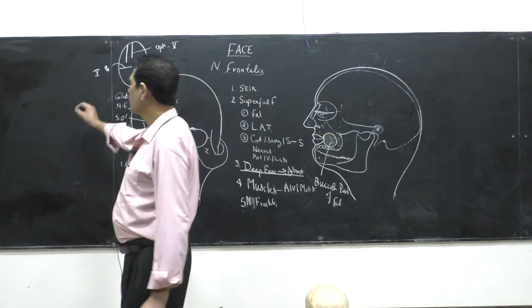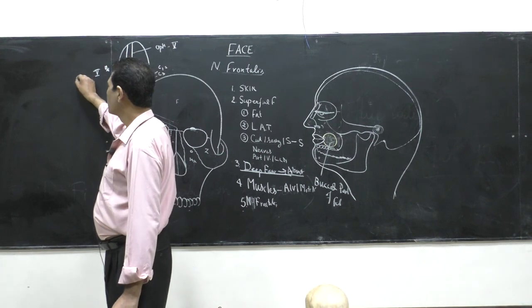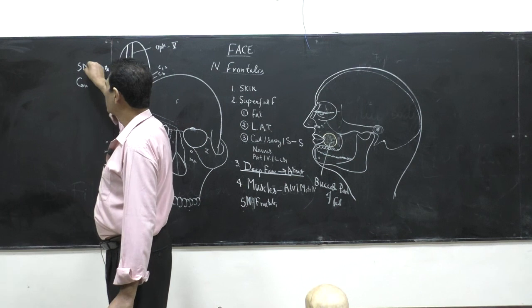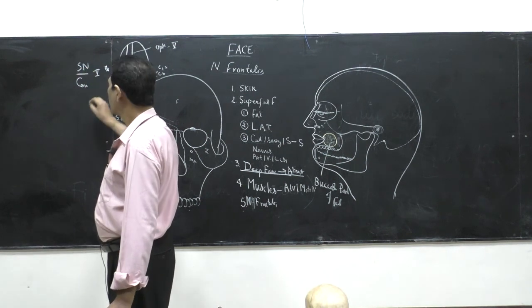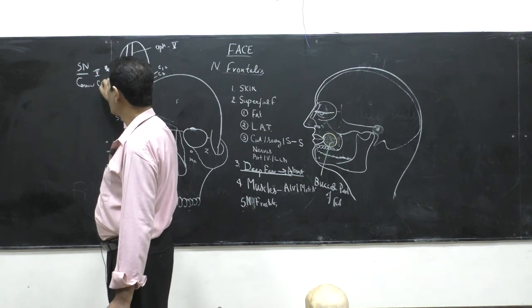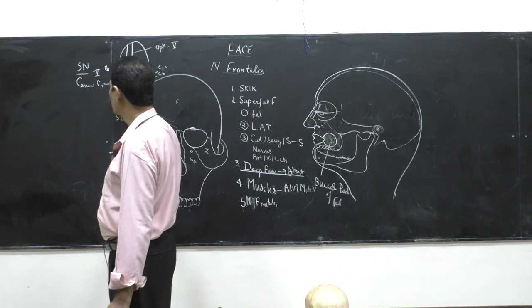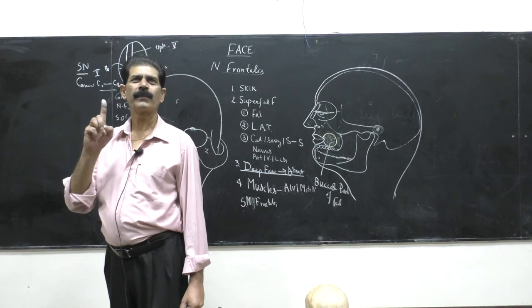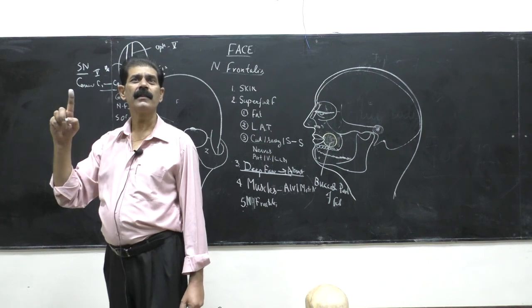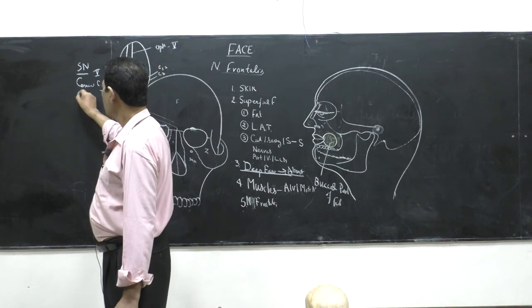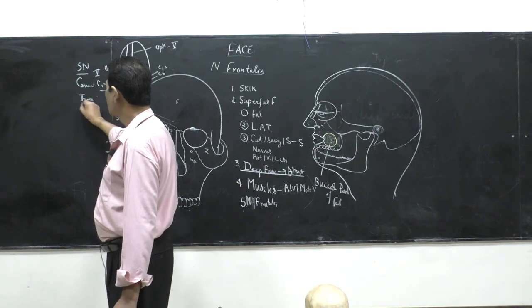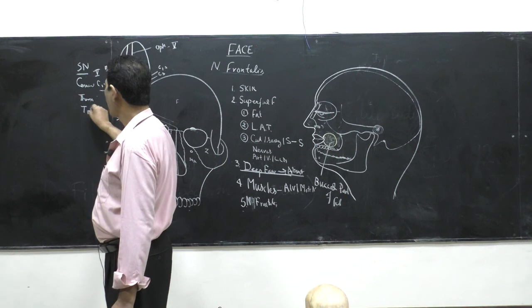Out of the 31 spinal nerves, they arise from the spinal cord. How many cervical nerves are there? C1 to C8. Remember, the vertebrae are only 7, but the spinal nerves of the cervical region are 8. Then thoracic. How many nerves are there? T1 to T12.